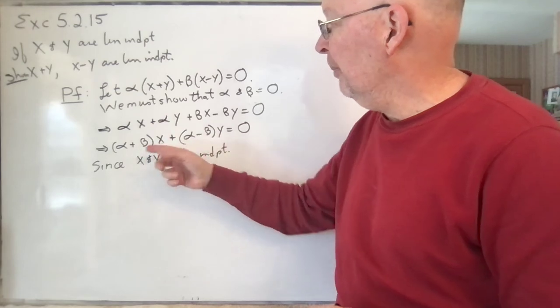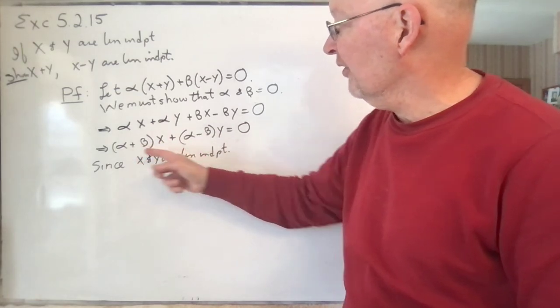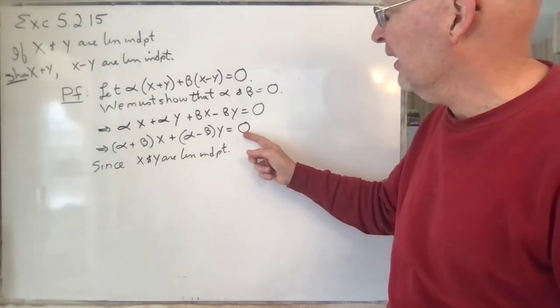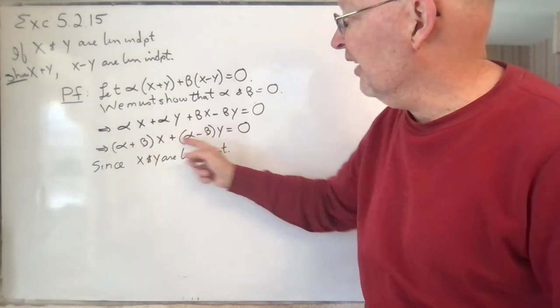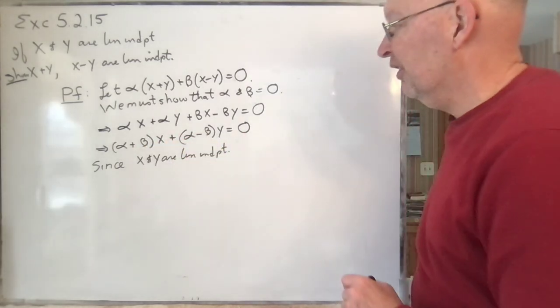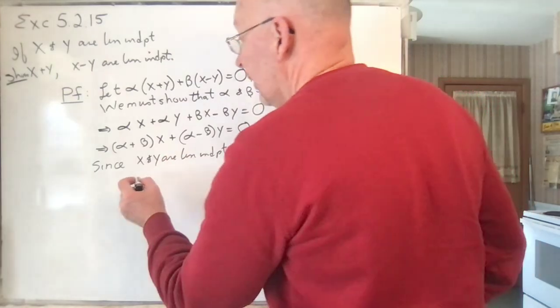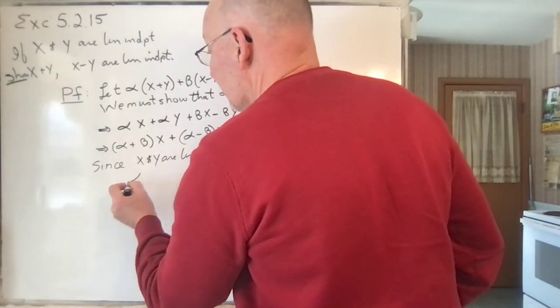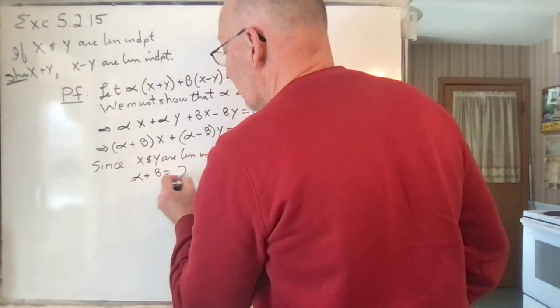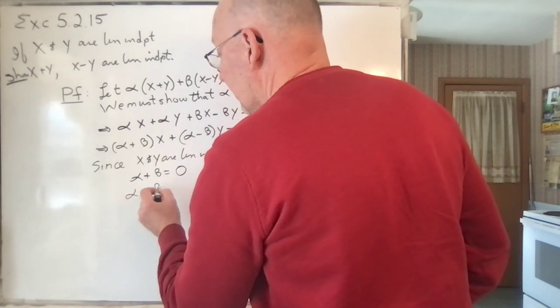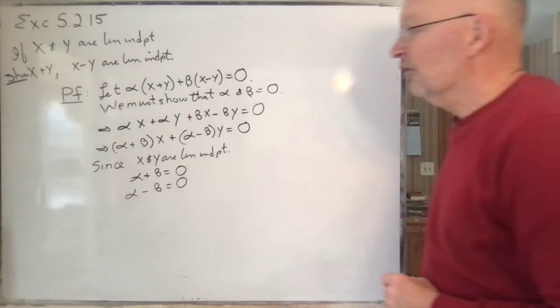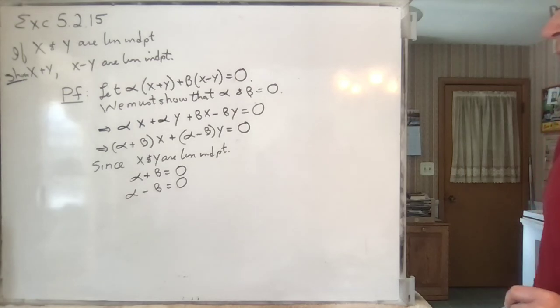If you multiply one by a constant and the other by another constant, and that's equal to 0, these two constants have to be 0. So I know that alpha plus beta has got to be 0, and alpha minus beta has got to be 0.